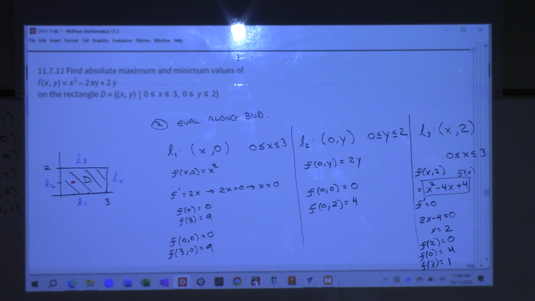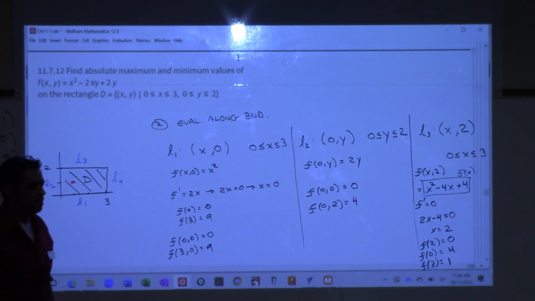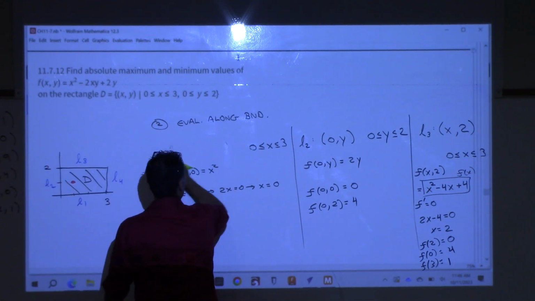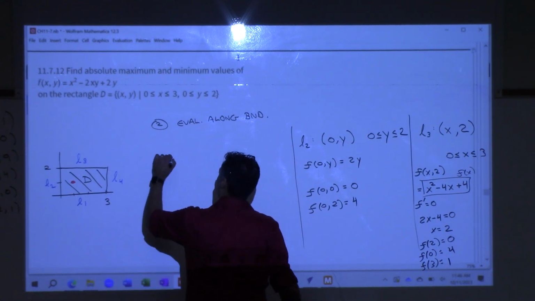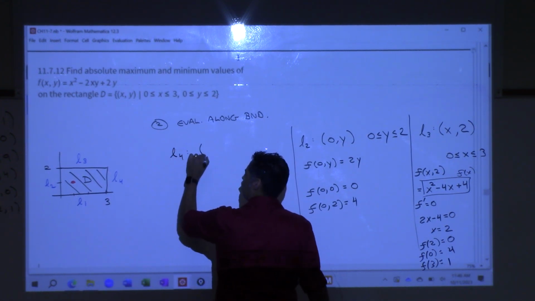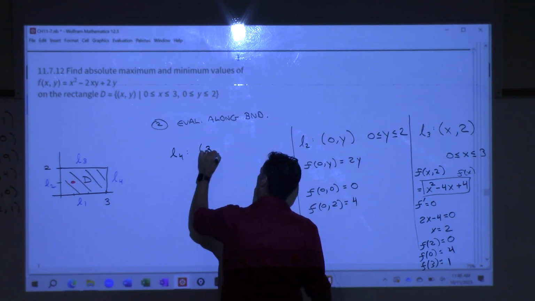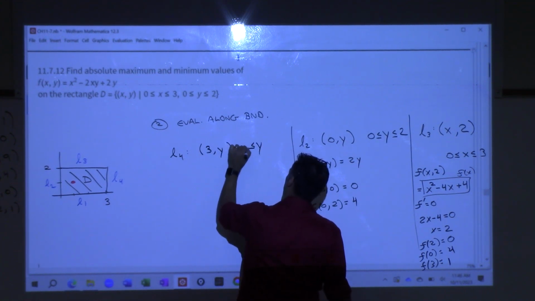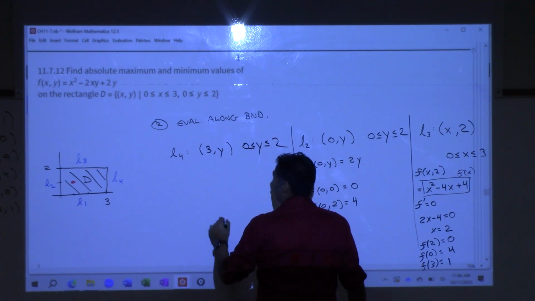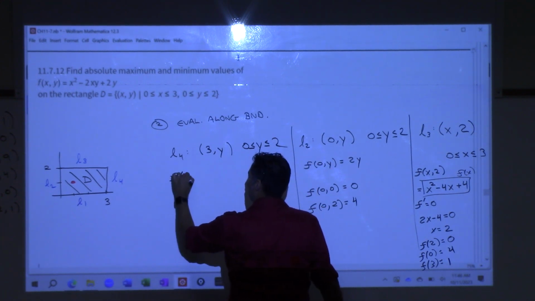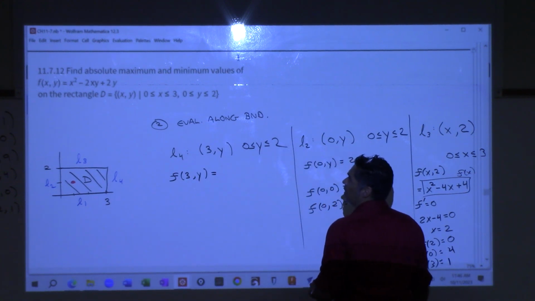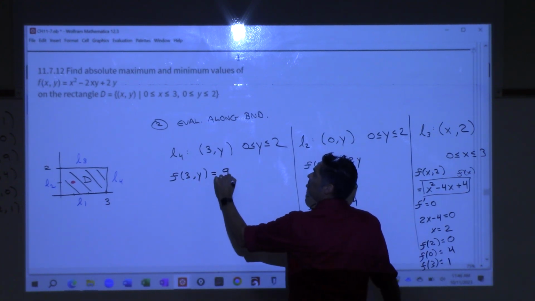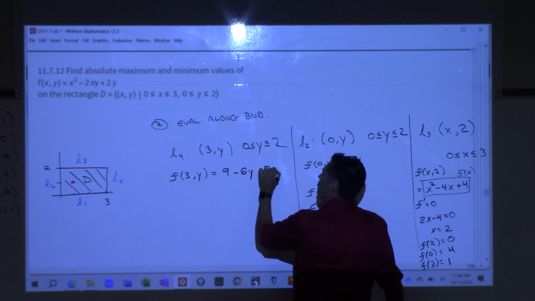All right. One more, L4. Points there looked like 3y, where y was between 0 and 2. When you plugged in 3 for x, what did you get? 9 minus 2 times 3, 6y, plus 2y.